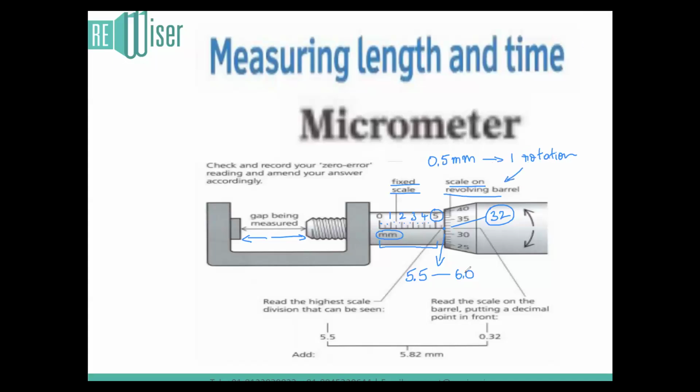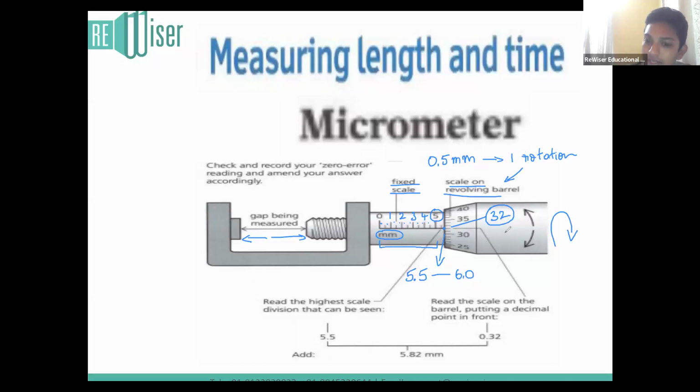That means when I rotate this scale once completely, clockwise or anti-clockwise, I cover one division on the main scale or the fixed scale. That means there are 50 divisions on this revolving scale, correct? So 50 divisions on the revolving scale correspond to 0.5 mm.